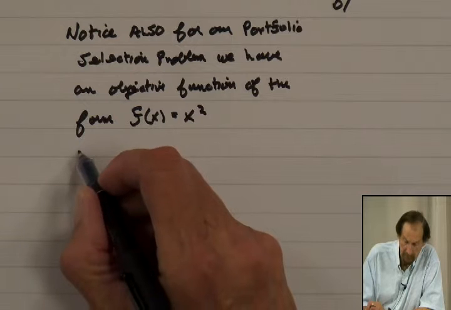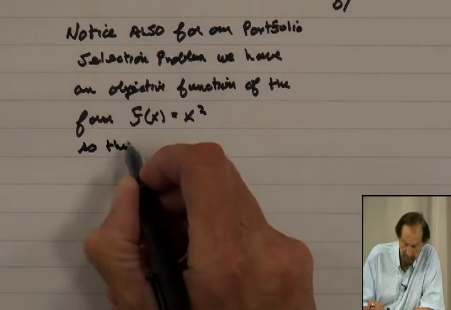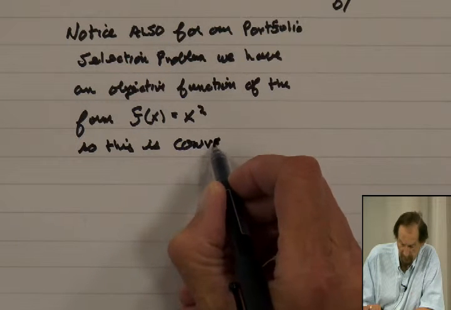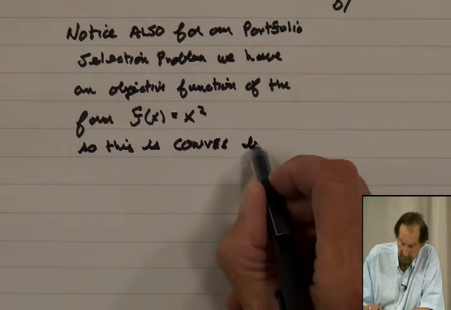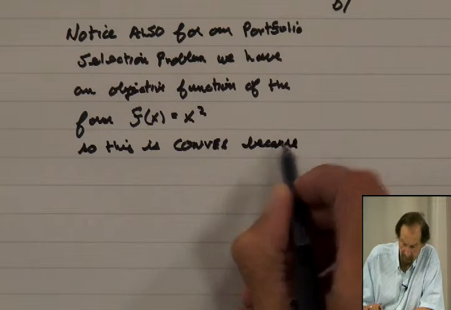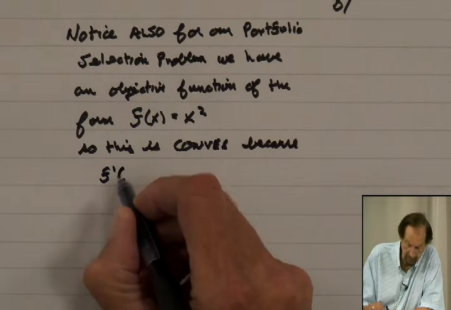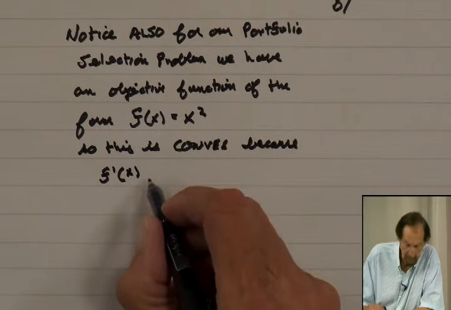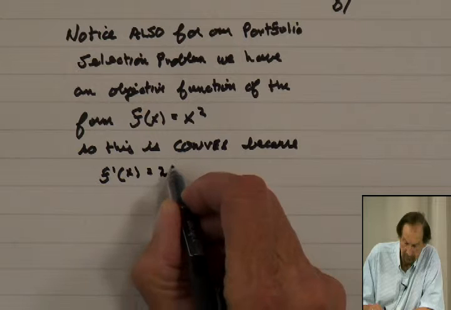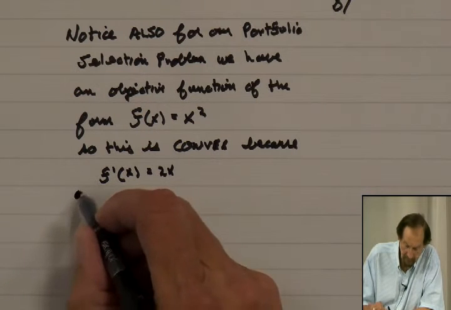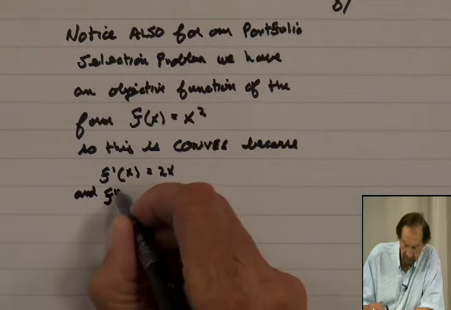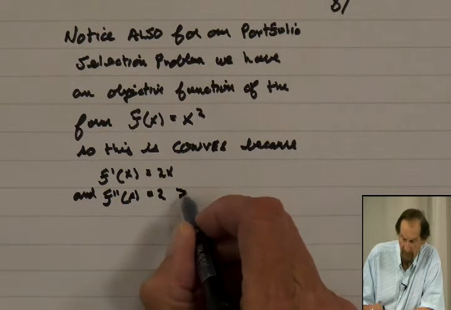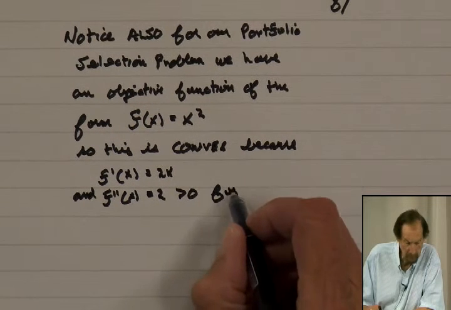So this is convex because if you take the first derivative of the function x squared, you get 2x, and the second derivative equals 2, which is greater than 0 for all x.